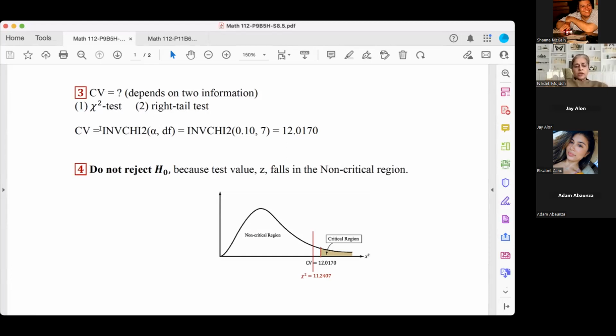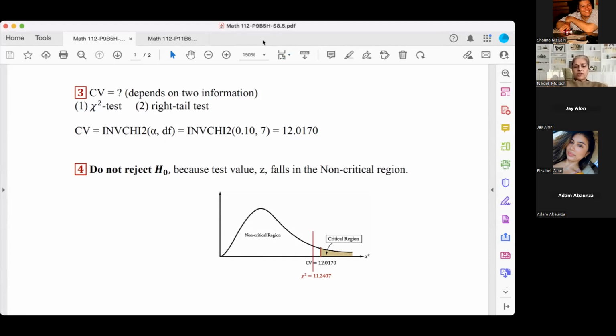You see that the critical value is inverse chi-square of alpha and degree of freedom. I gave you a program in the classroom for inverse chi-square. Can you write the value of alpha and degree of freedom, Shona? Sure, 0.10, and degree of freedom 7.